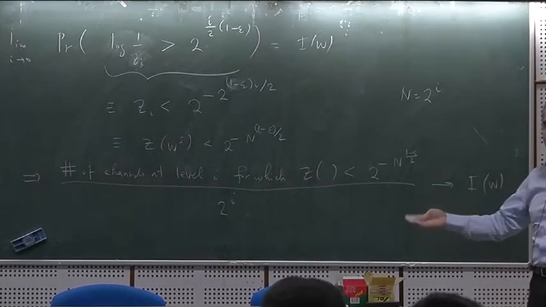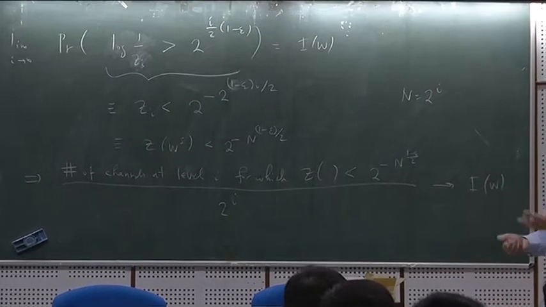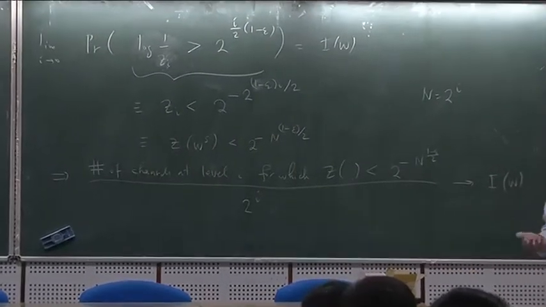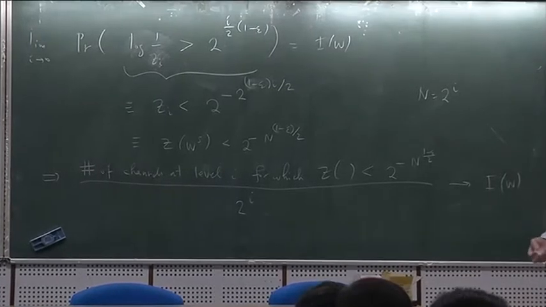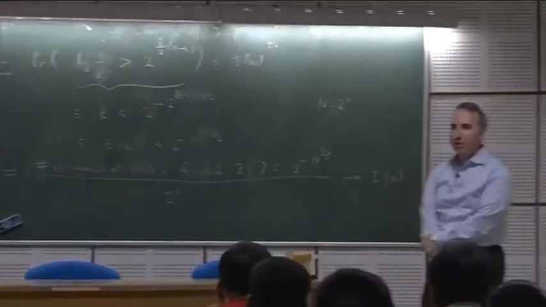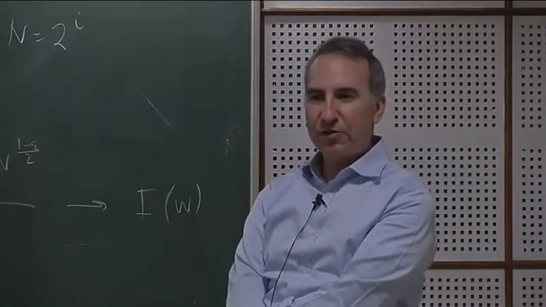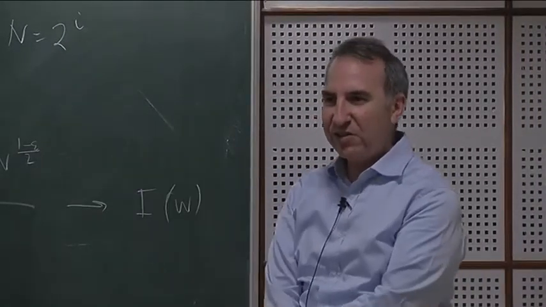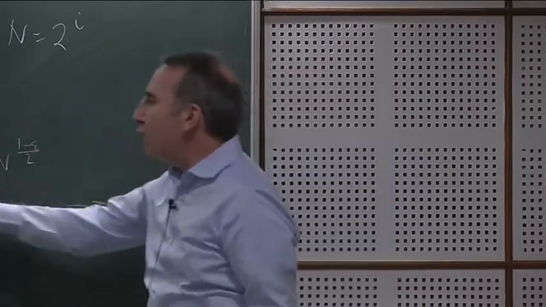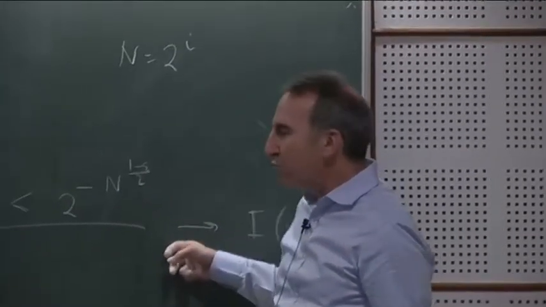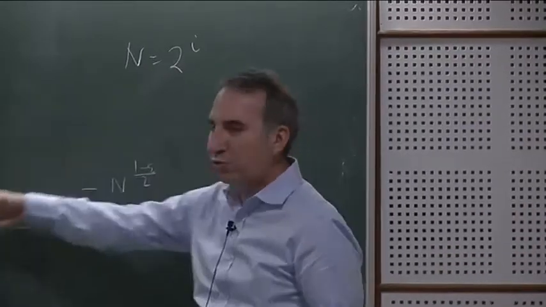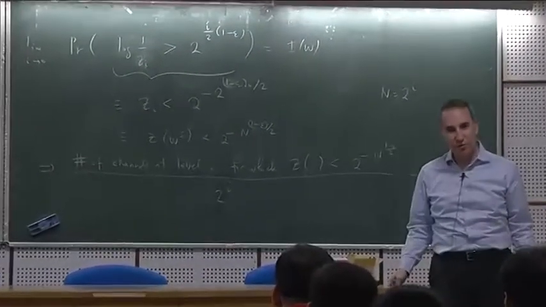So this is very nice for the following reason. Now, you give me some rate which is less than I(W). You say, please find me a whole bunch of channels, R times n channels out of the n synthesized channels that you had. I can ensure that as long as R is less than I(W), I'm going to find channels whose Z is less than that, all of them.